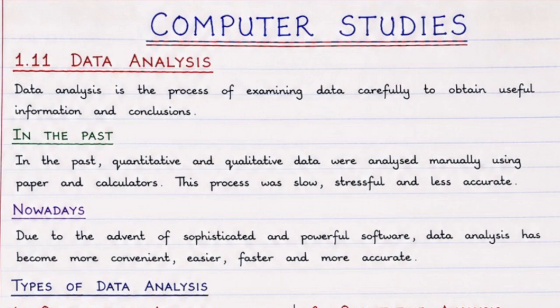So data analysis is the process of examining data carefully to obtain useful information and conclusion. There's no better way to explain data analysis but analysis from the word analyze. So data analysis is the process of examining data carefully to obtain useful information and conclusion, okay, for better decision making.